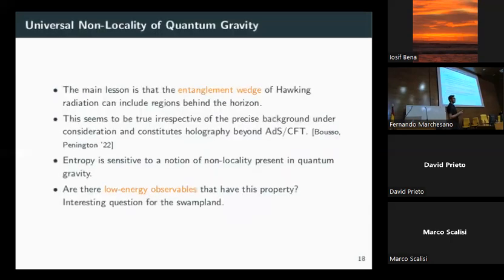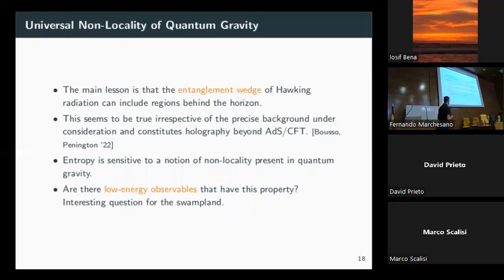Okay, so what is the main lesson of the fact that there are islands in this particular model? Or, more generally, the presence of islands when you're computing entanglement entropy. Well, the main lesson is that when we compute the entanglement of that radiation, the fact that it can be entangled with a region beyond the horizon is really some sort of holographic property that seems to hold beyond the context of AdS/CFT.